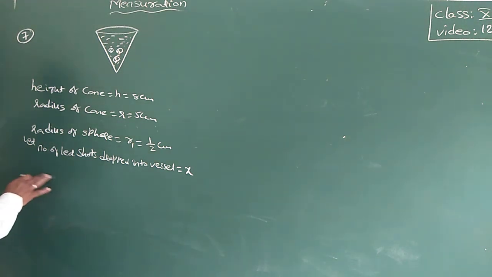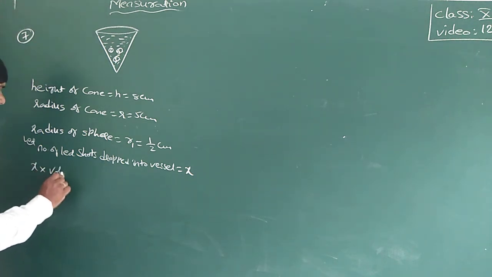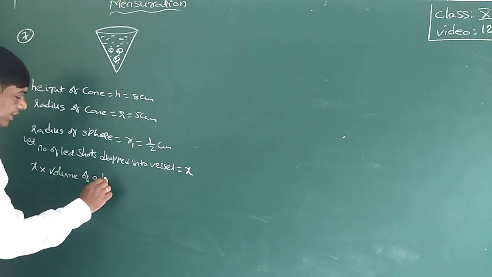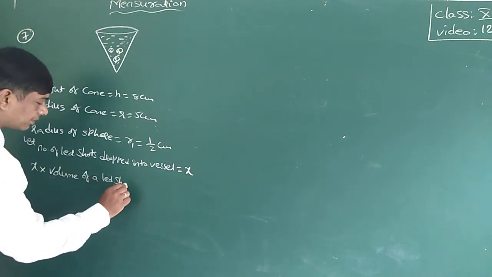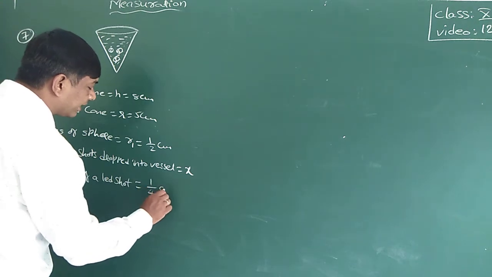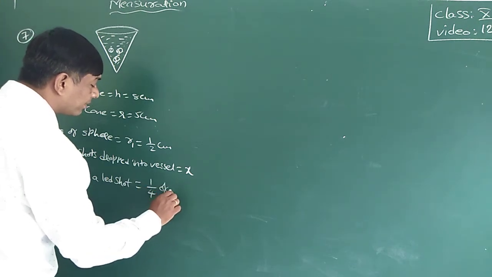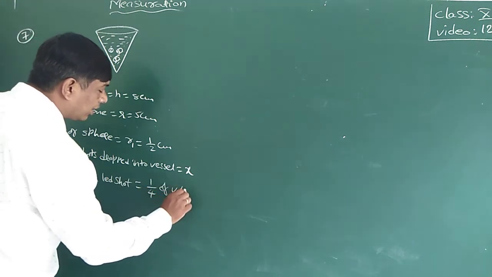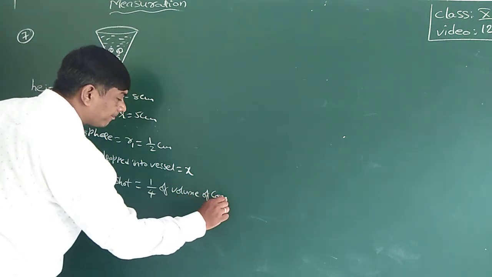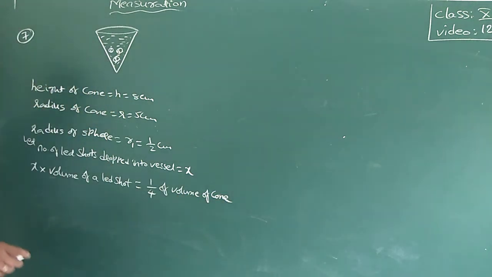Okay. Means as according to the question, x into volume of a lead shot is equal to 1/4 of the volume of cone vessel.